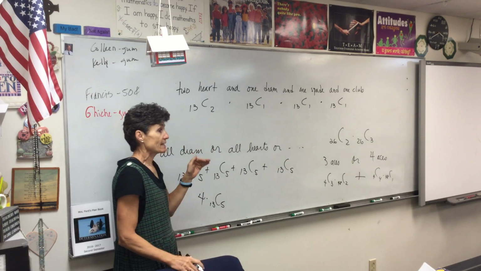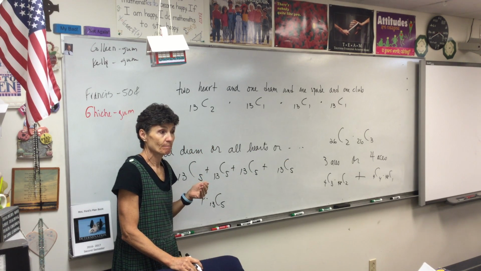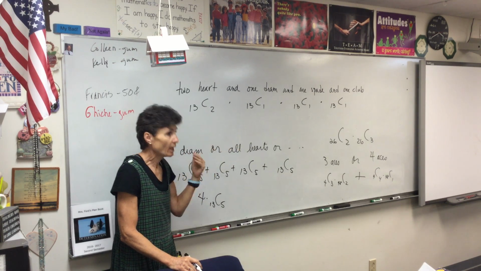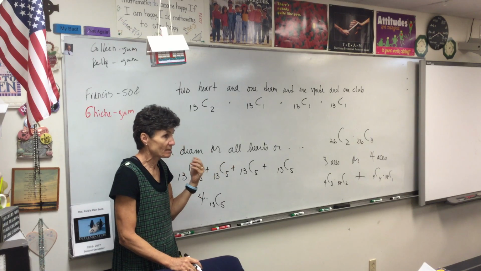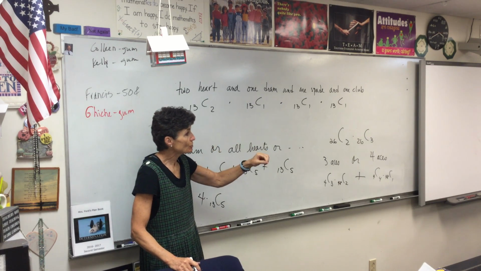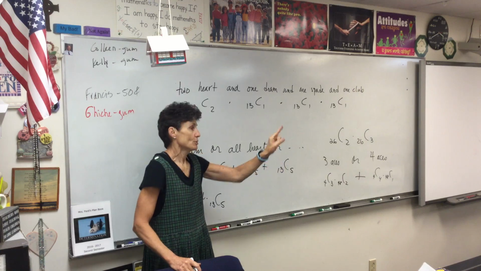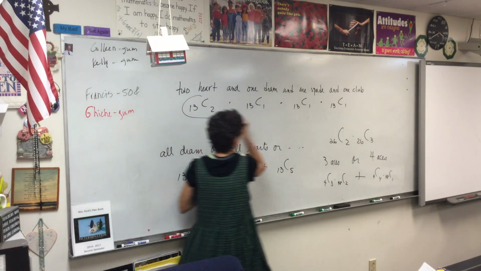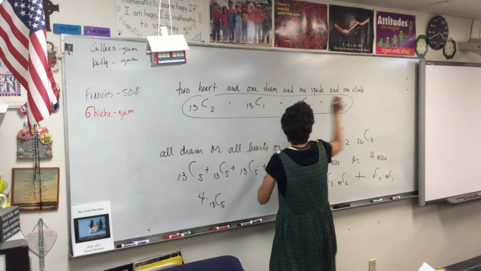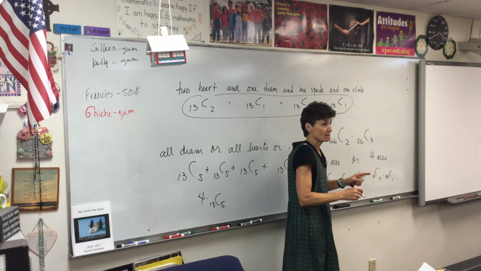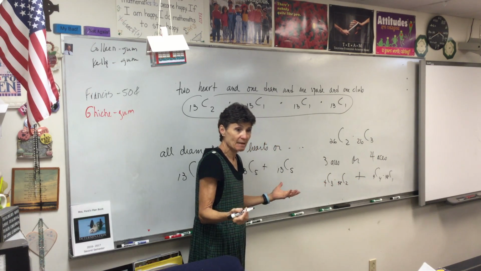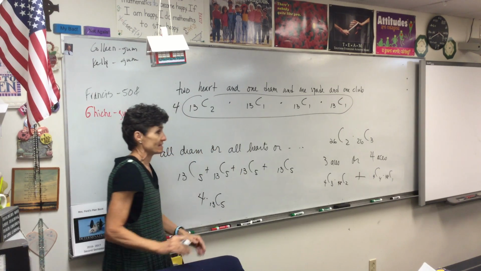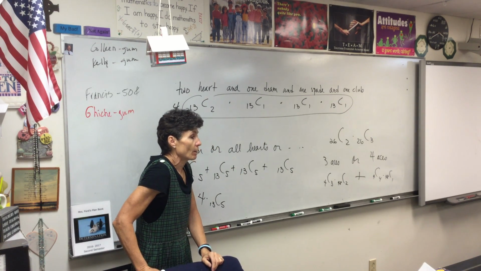Now, what would it look like if I had 2 diamonds? Wouldn't it be exactly the same thing? And 2 clubs would be the same thing, and 2 spades would be the same thing. So since it's 2 diamonds, or 2 clubs, or 2 spades, or 2 hearts, I'd have the same numbers added up 4 times, just in a different order. So in other words, it's 4 of those.